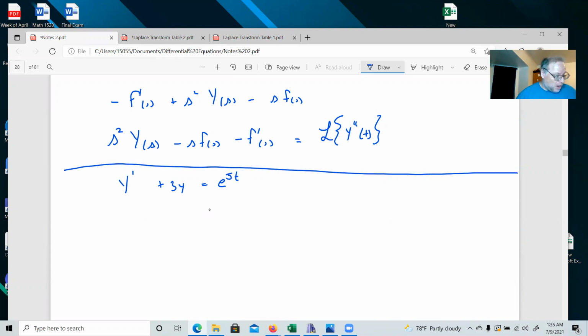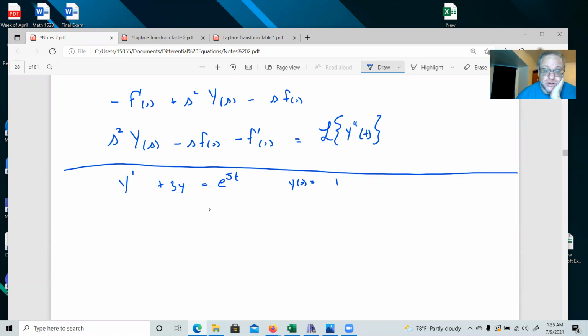We were also told that y of 0 is what here? Because you have to be told this. Y of 0, I believe, is 1. Double check. Yeah, I think that's what it was. So this is a first order linear equation, isn't it?